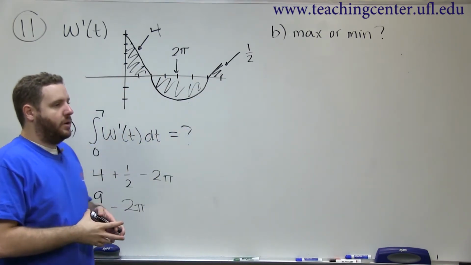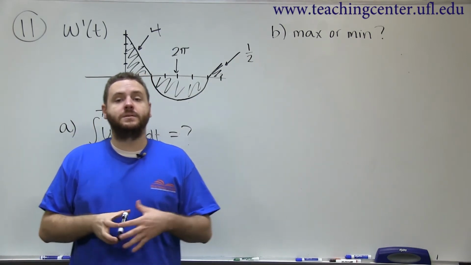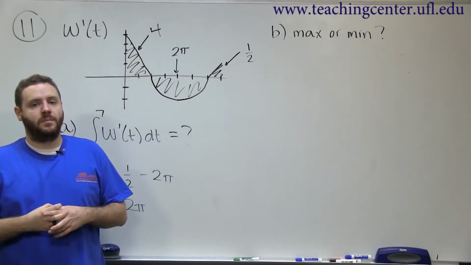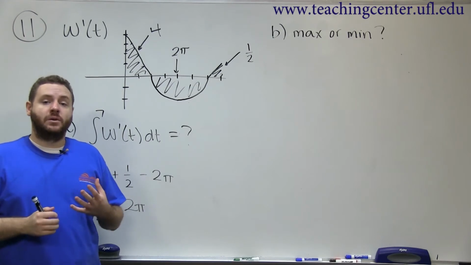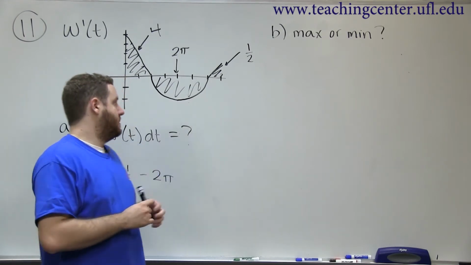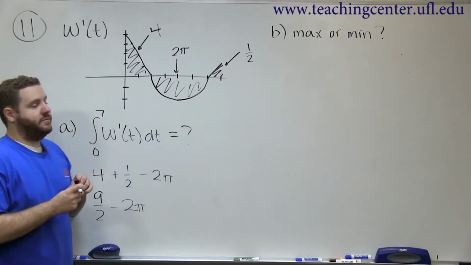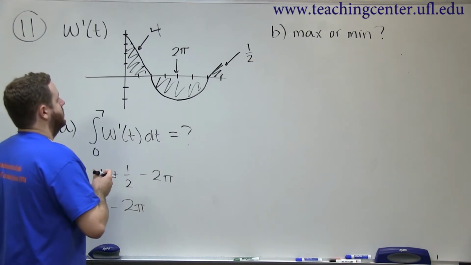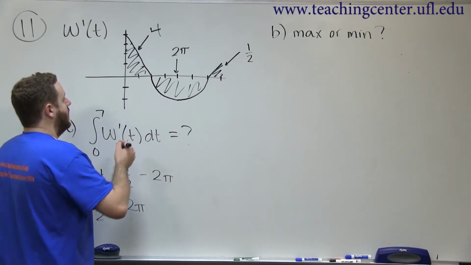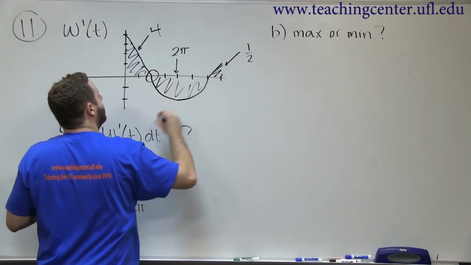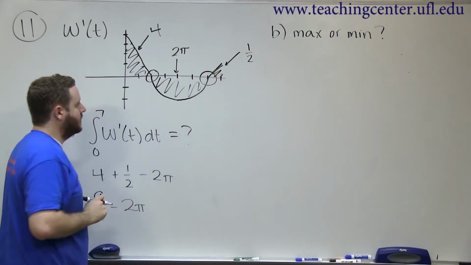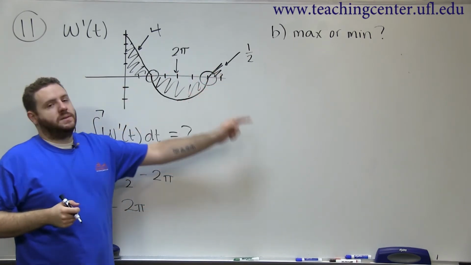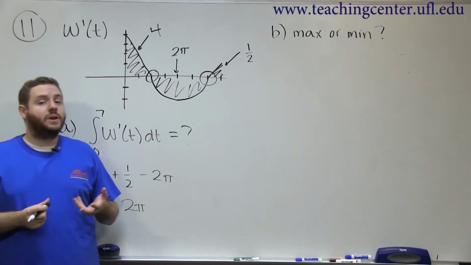Our population, our amount, would have a maximum or a minimum when our derivative was 0 or undefined. So we're looking at our derivative. Where is this 0? It's not undefined anywhere, first of all. But it's 0 right here and right here. So at these 2 points, we could have a max or a min.